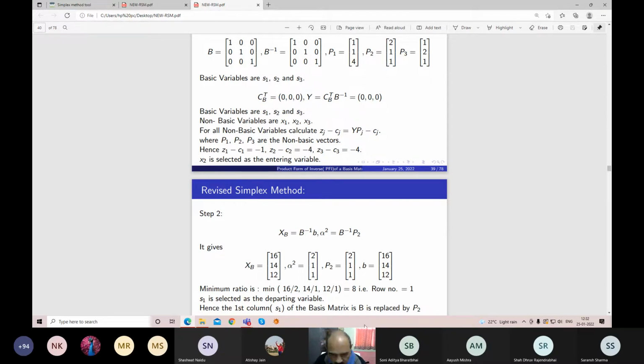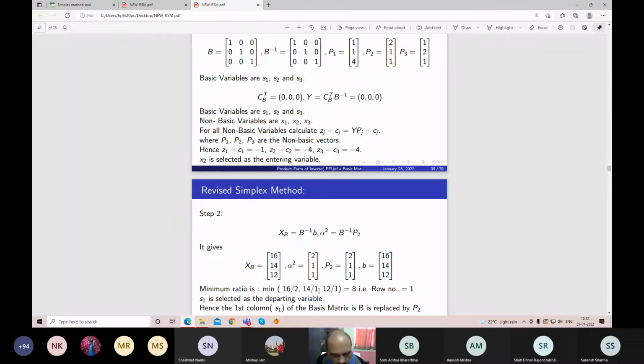So B inverse into P2, that is alpha 2. This alpha 2 is the same as P2 because presently the matrix is the identity matrix. There is no change, so the elements of P2 are the same as alpha 2. The elements are 2, 1, 1. Is it all right?